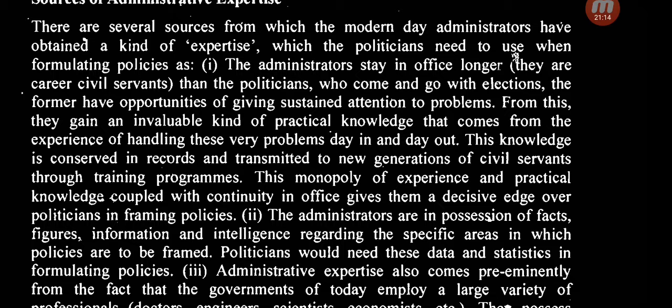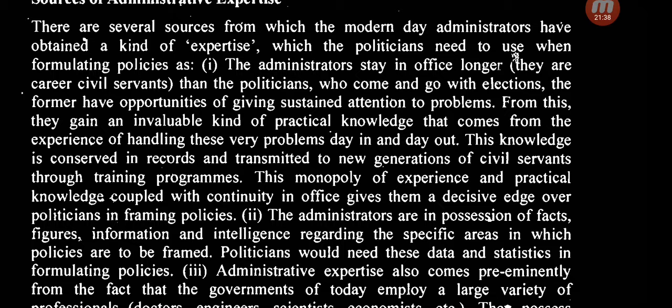This monopoly of experience and practical knowledge, coupled with continuity in office, gives them a decisive edge over the politicians in framing policies. Second, the administrators are in possession of facts, figures, information, and intelligence regarding the specific area in which policies are to be framed.